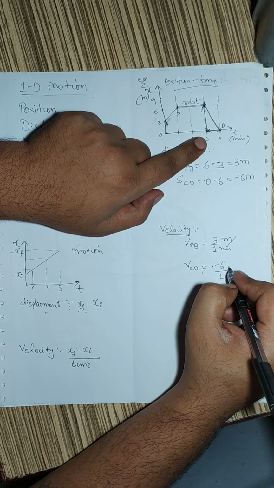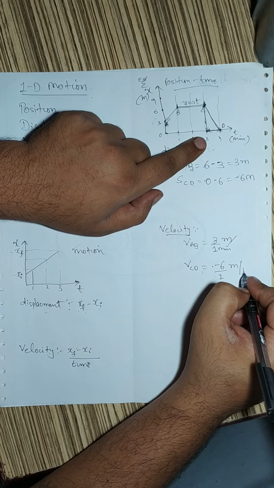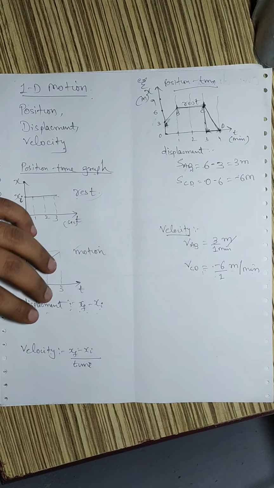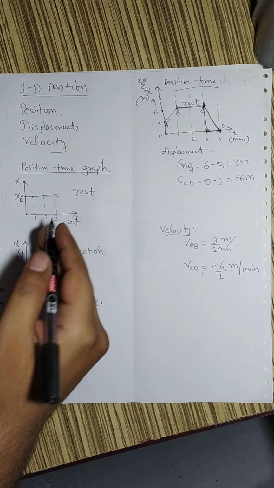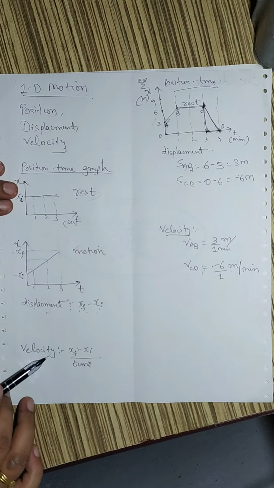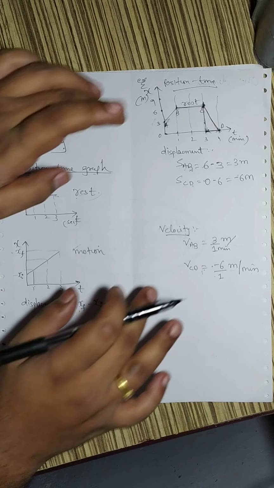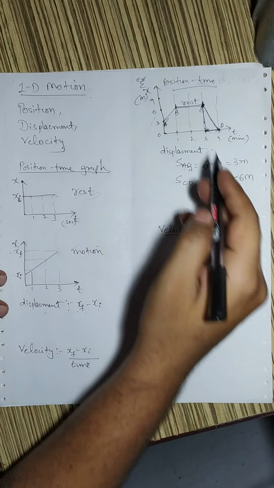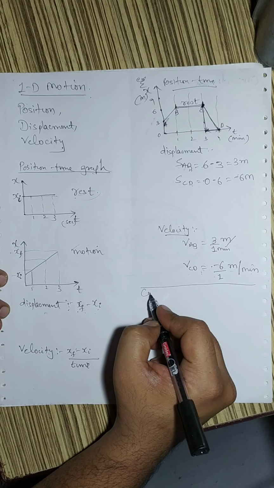So minus 6 meters per minute. You can change the units as required. So this is the calculation, the concept we applied in this numerical.